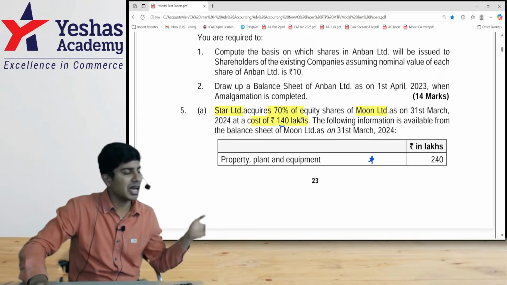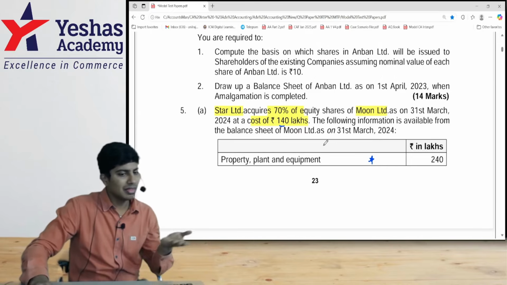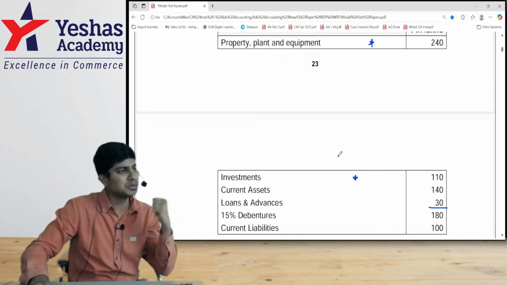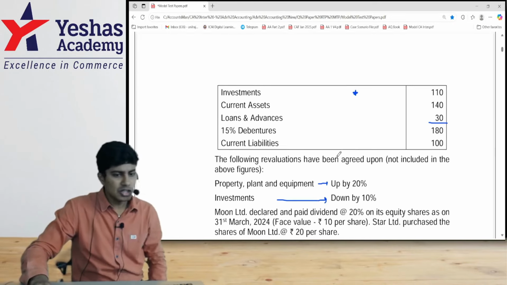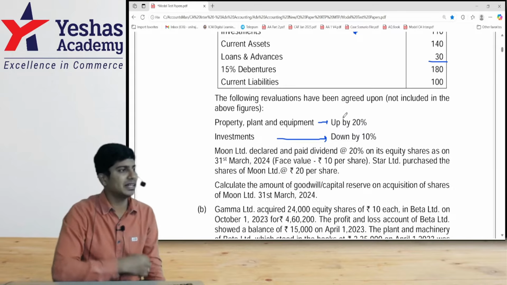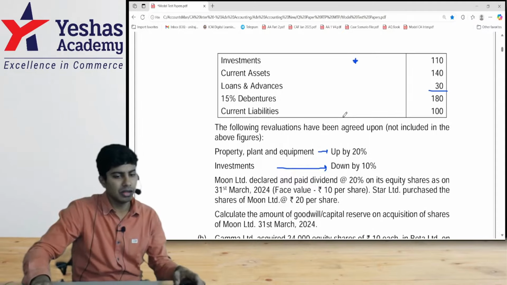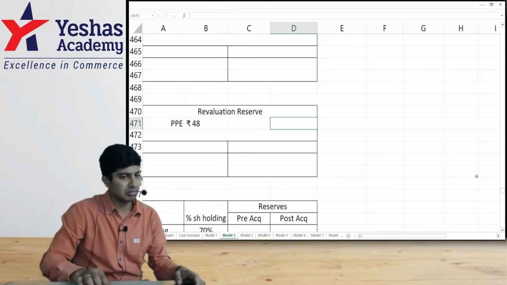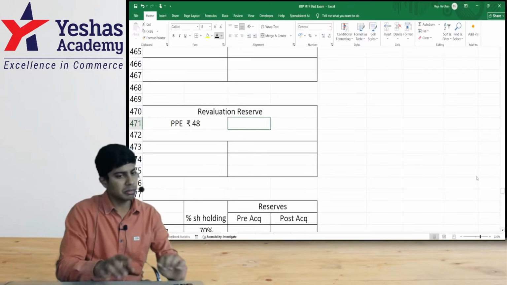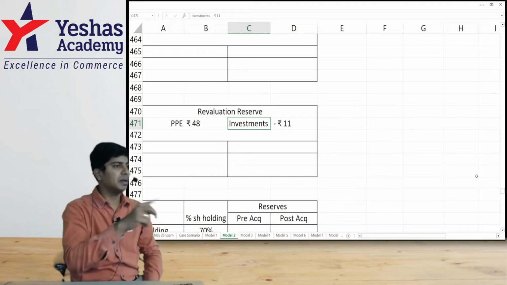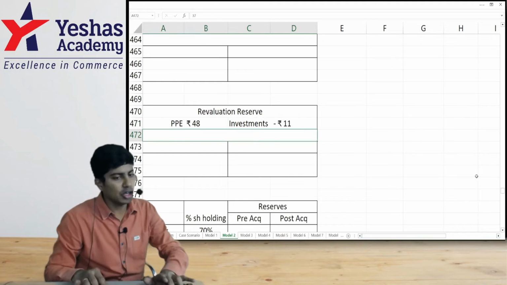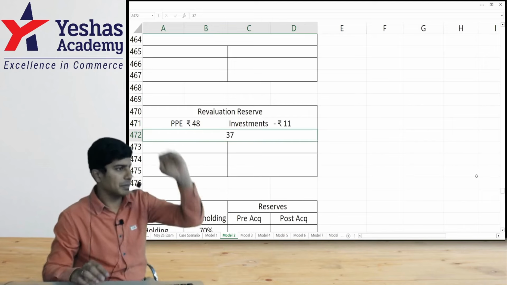This is an investment asset in the books of the holding company. This balance sheet is the balance sheet of the subsidiary company. So this 110 down by 10%. How much is 110 into 10%? 11. So I would write investments minus 11. PPE plus 48. Net will be 48 minus 11, 37.